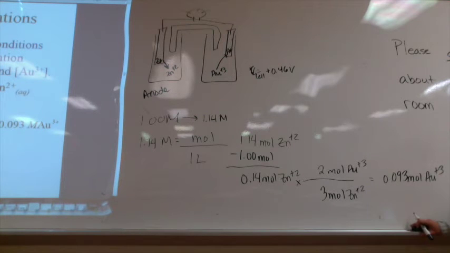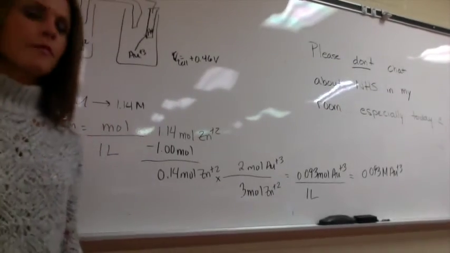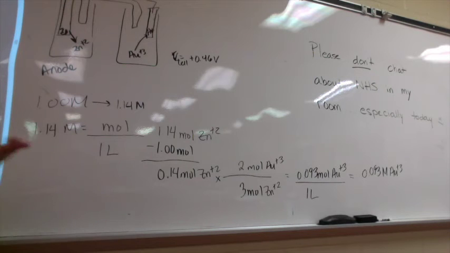And then because I did it in 1 liter, I could say that this is 0.093 moles per 1 liter, which gives me 0.093 molar gold. That's not the answer, though. Why is that not the answer? What is that number? That's the amount that it changes, right? So it was at 1, but what did the question say? It said find the new concentration of this, right?